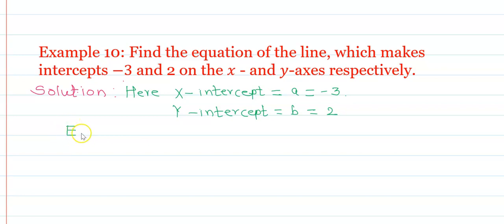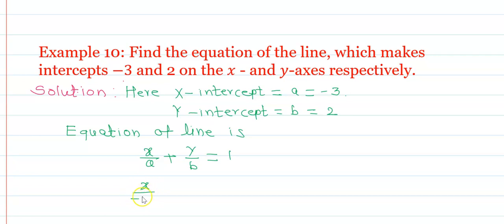The equation of a line is x upon a plus y upon b is equal to 1. Now substitute the values: x upon minus 3 plus y upon 2 is equal to 1.